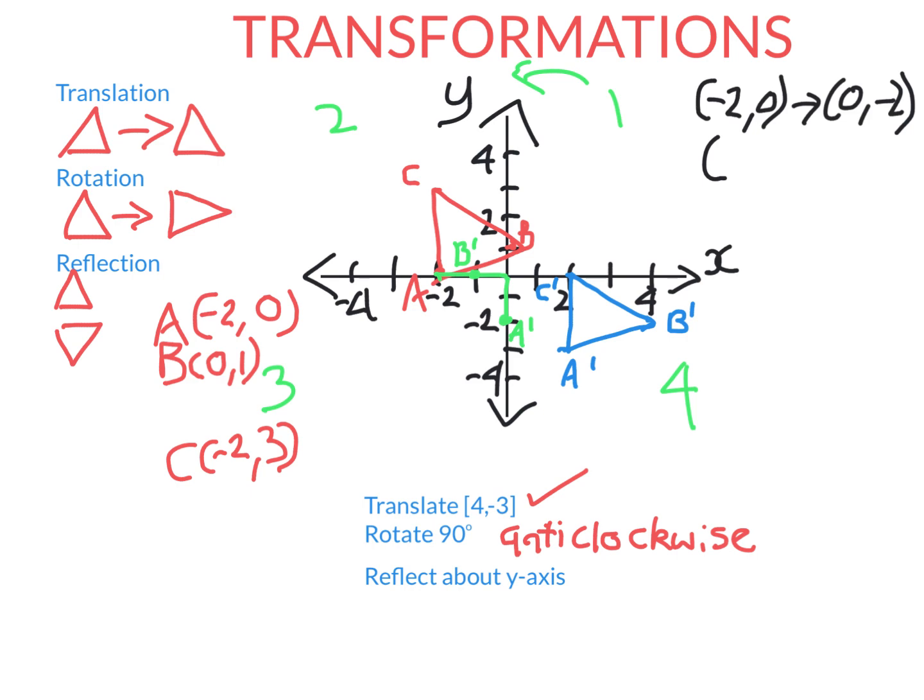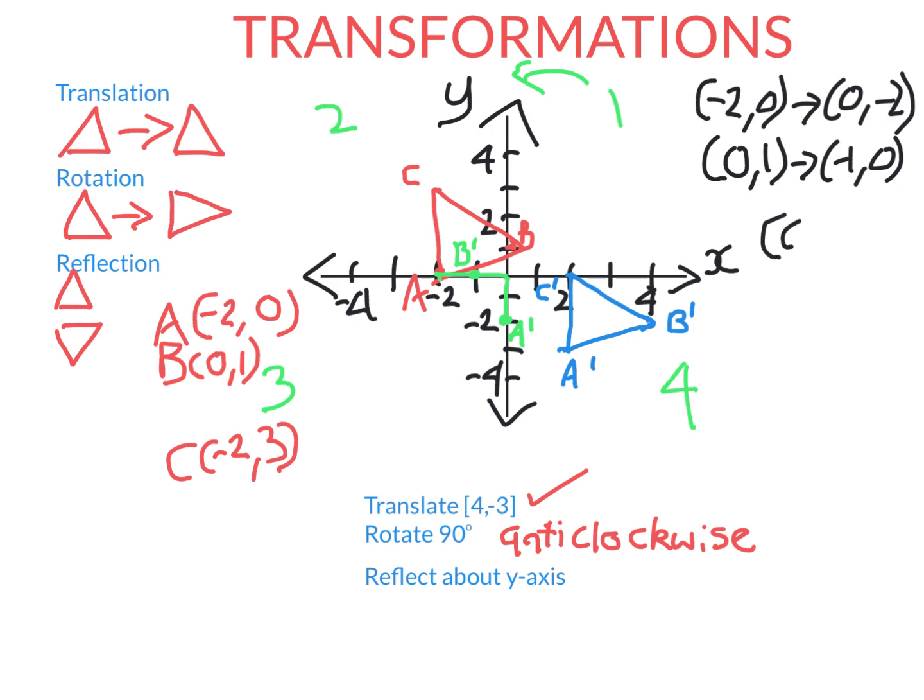The point B started at 0, 1, and it ended up as -1, 0. What's a quick way that we could rotate a point 90 degrees anti-clockwise? Well, what's actually happening in both of these is we are switching the x and y coordinates and then changing the sign of the x coordinate.